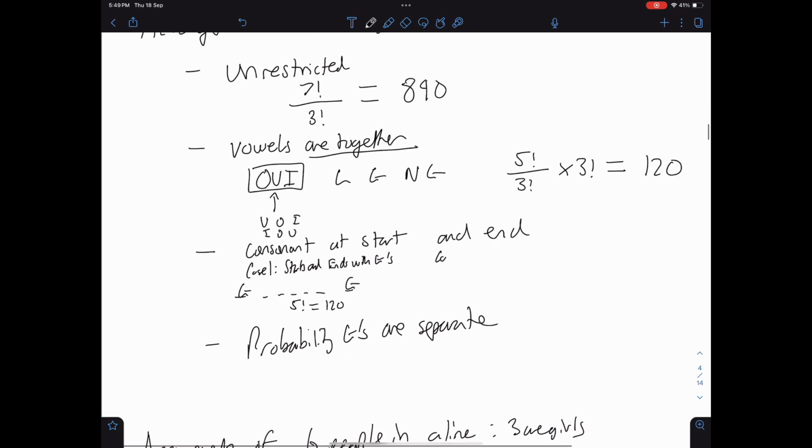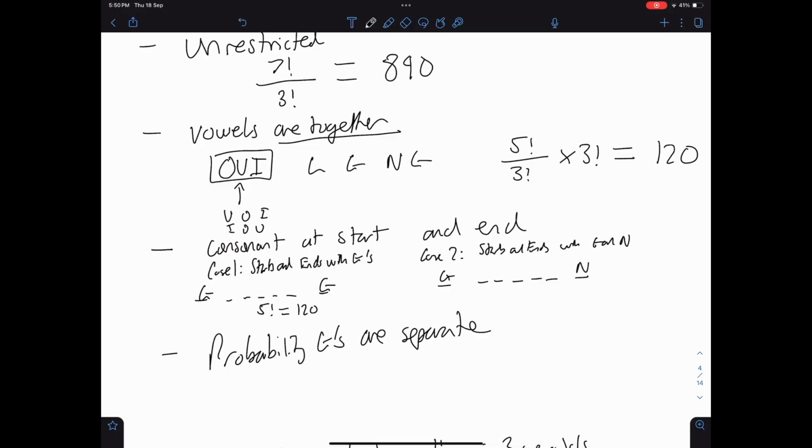But then case 2, starts and ends with G and N. Now this is like a semi-set, like they're not allowed to be anywhere, but they've been given a few options.